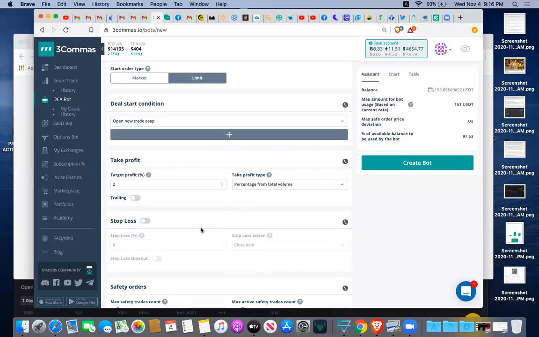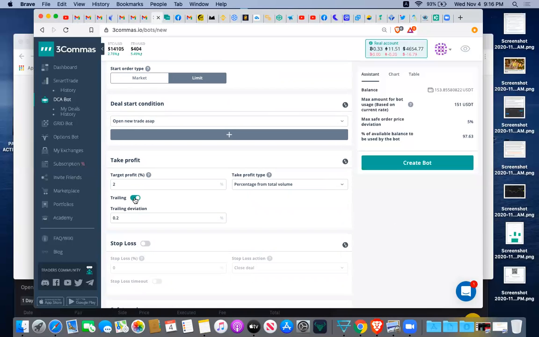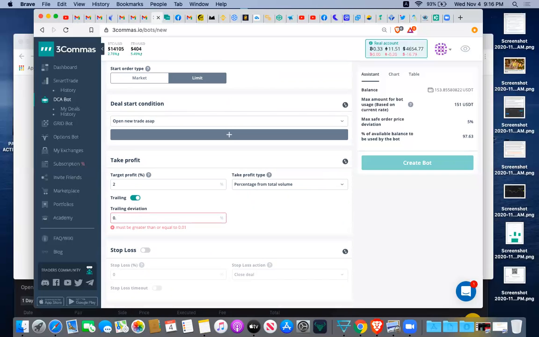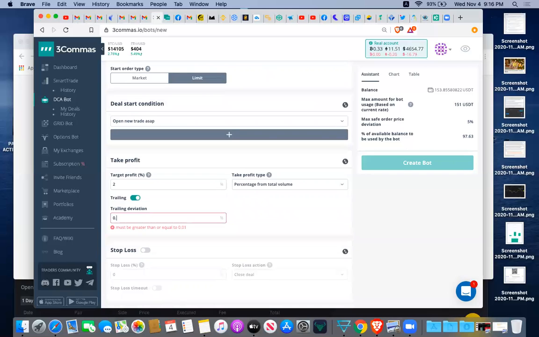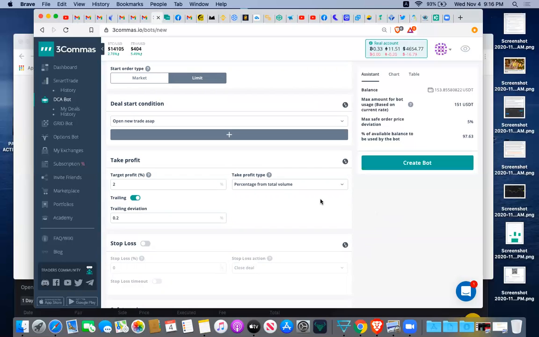Now you can set trailing profit, okay. You can set trailing profit at what deviation? Okay, I can say at 1% or at 0.5%. What does this mean? So take profit, but I want it trailing.